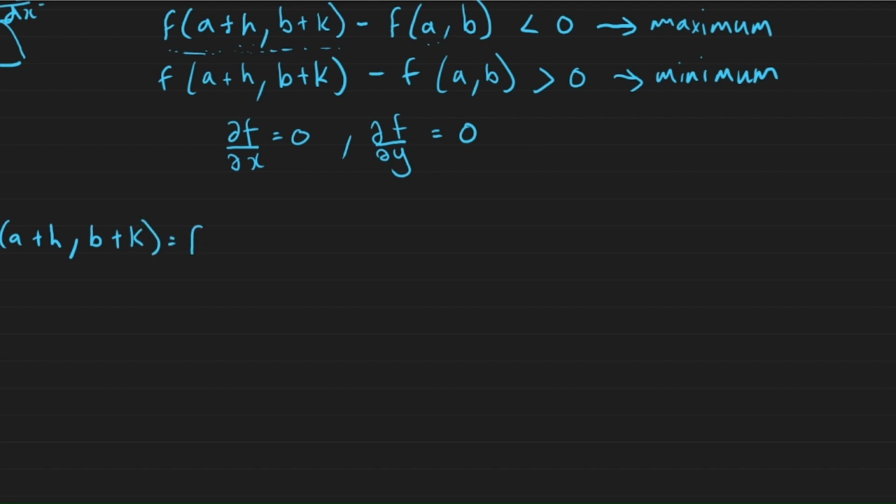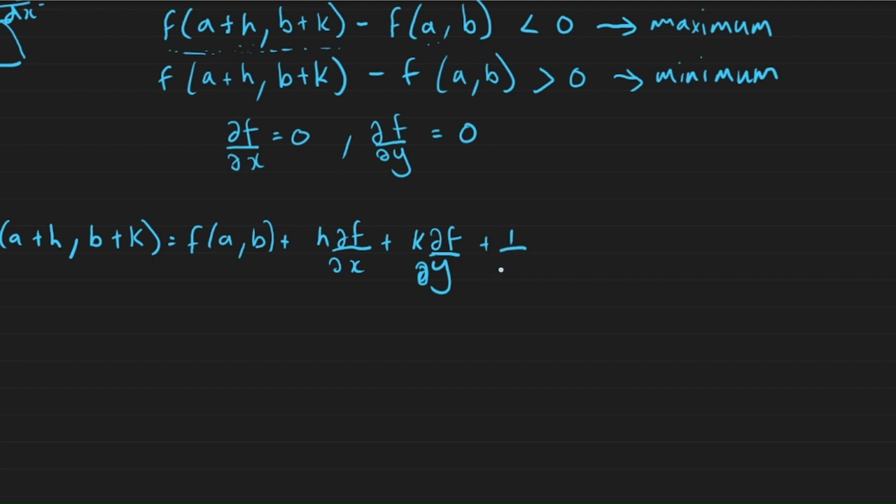And this is equal to the function value at the maximum or the minimum, that's at point P, so it would be f(a, b), and then plus h times ∂f/∂x plus k times ∂f/∂y. If you need to revise the Taylor series, it's done in a previous video. You're more than welcome to go and have a look at it.